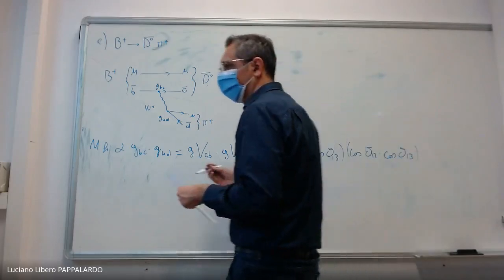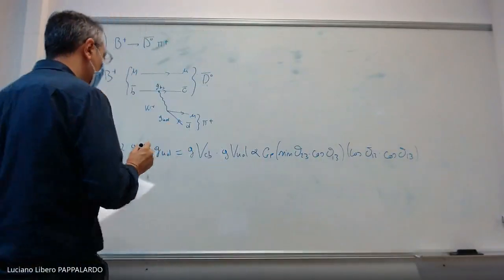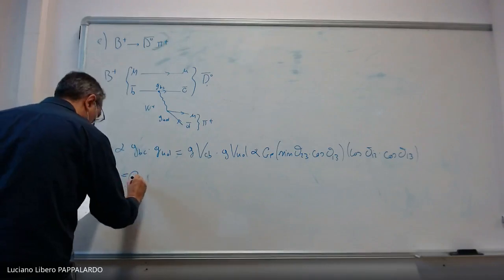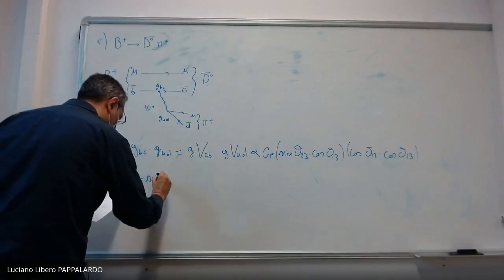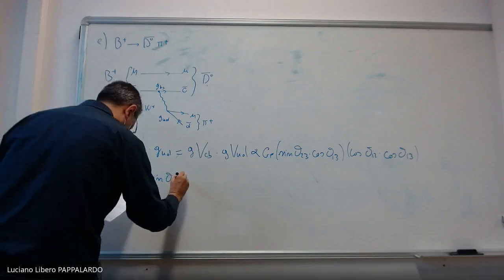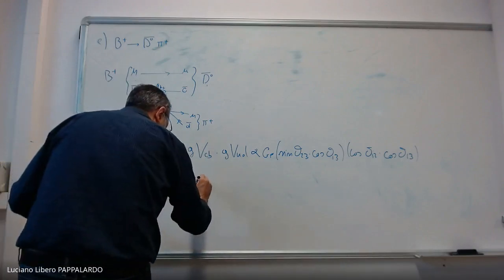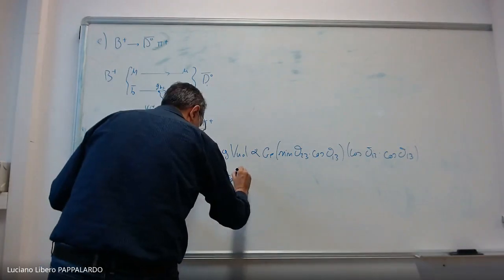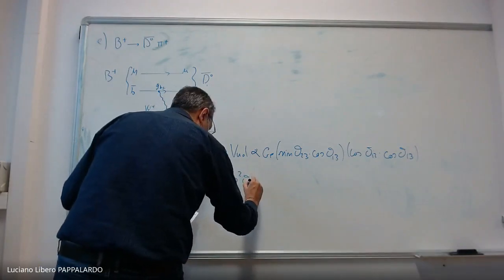You can check yourself in the CKM matrix. So what we have here, the G sine θ23 times cosine θ13 times cosine squared θ12.